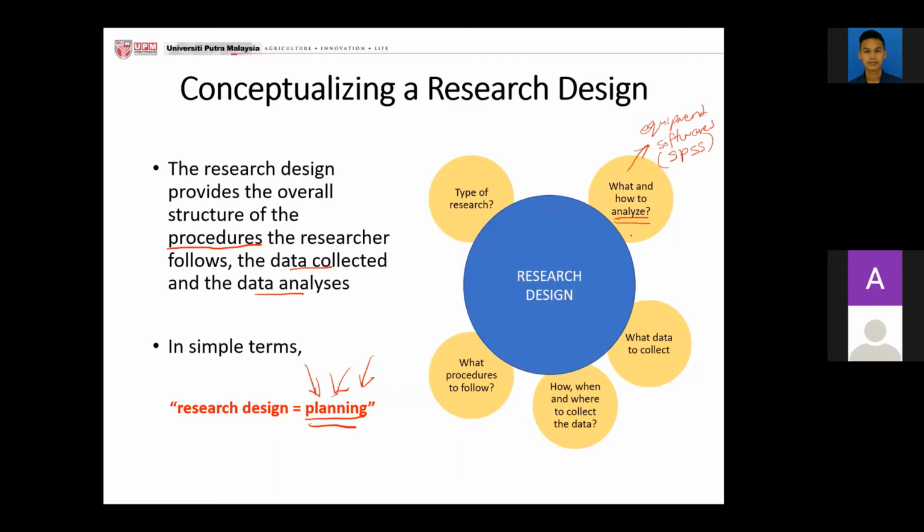Why do I mention analysis first, whereas we should be thinking about what data to collect? Sometimes it's like this. To make it easier, you have to start thinking in terms of the future, because we are planning. Think about what is already available in terms of equipment and software.